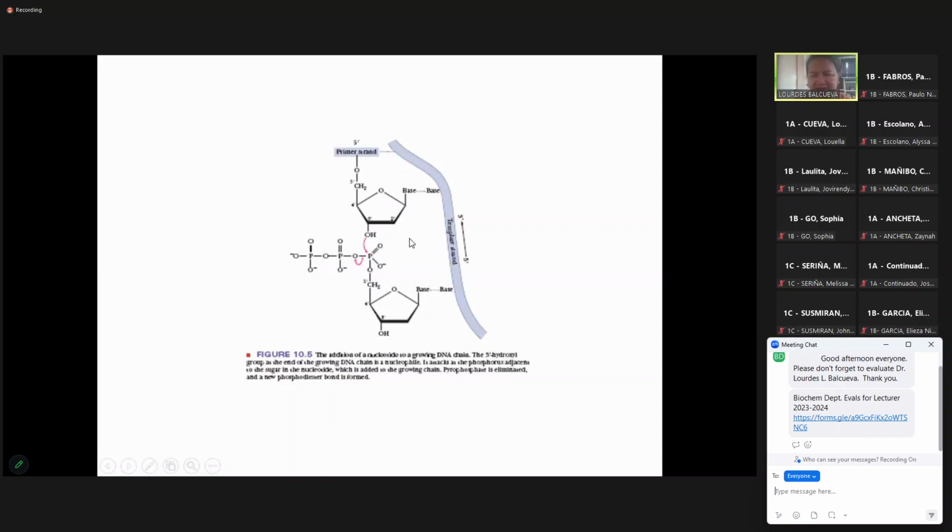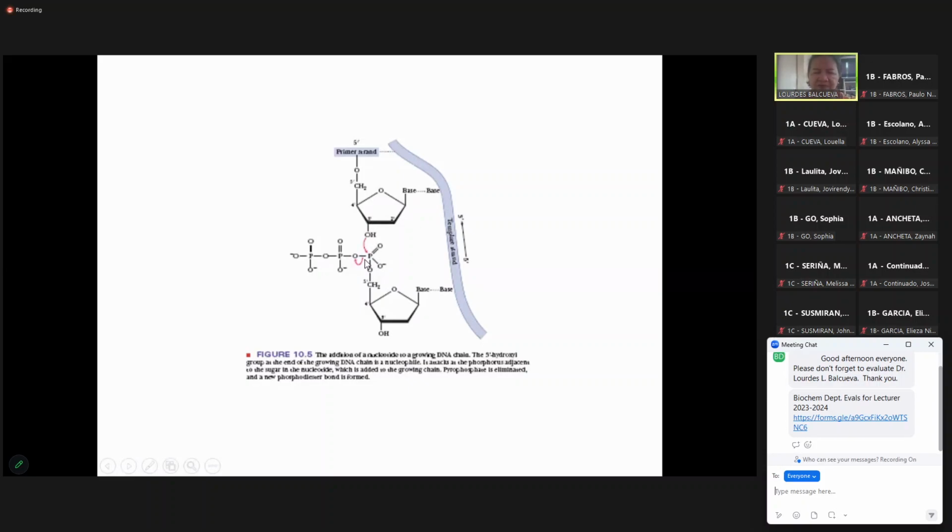You understand? These are the first nucleotides that are incorporated into the daughter chain already, and this is the incoming nucleotide, and your incoming nucleotide binds with the OH through its phosphate.